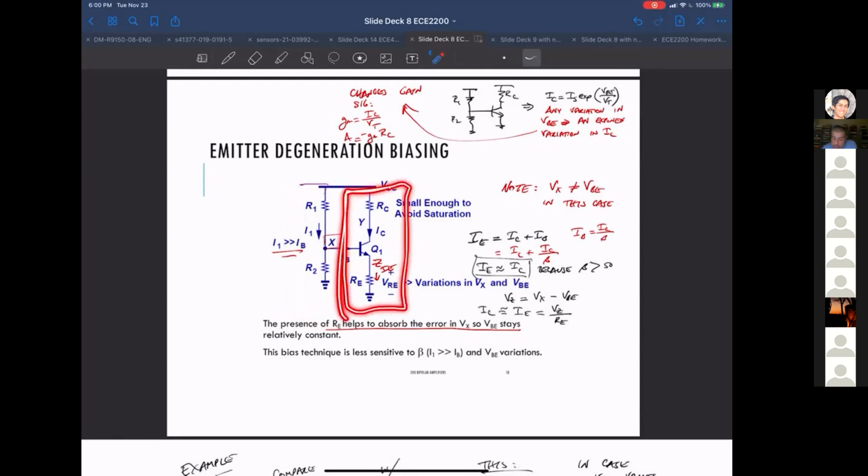Your gain actually goes down with this topology compared to the common emitter, but you have really big improvements: your gain variation also goes down significantly. So gain variation goes down, biasing variation goes down.